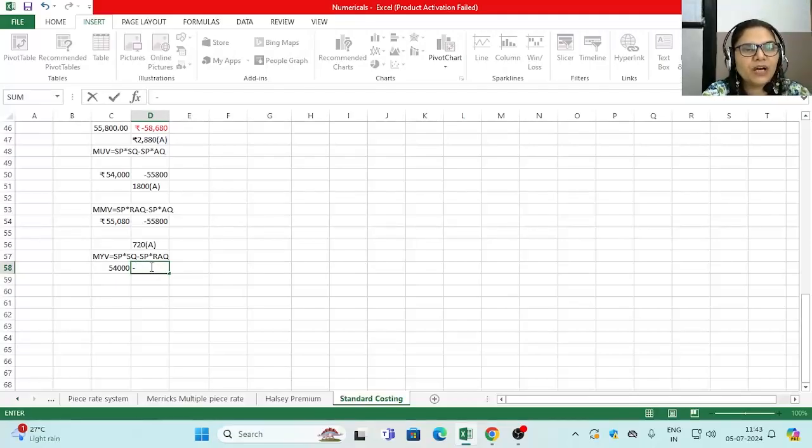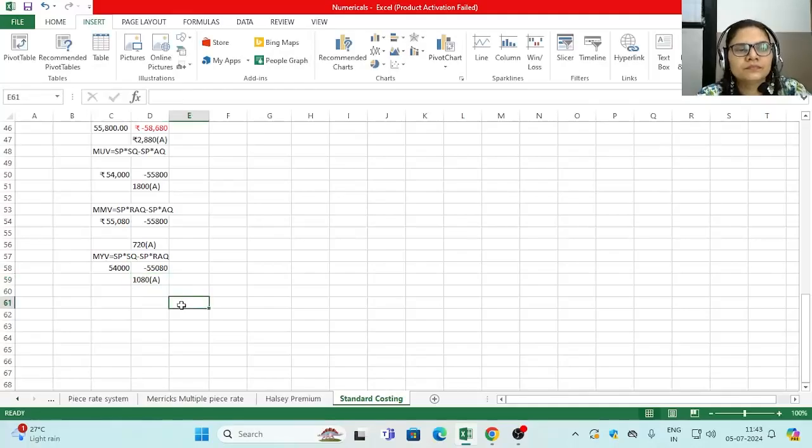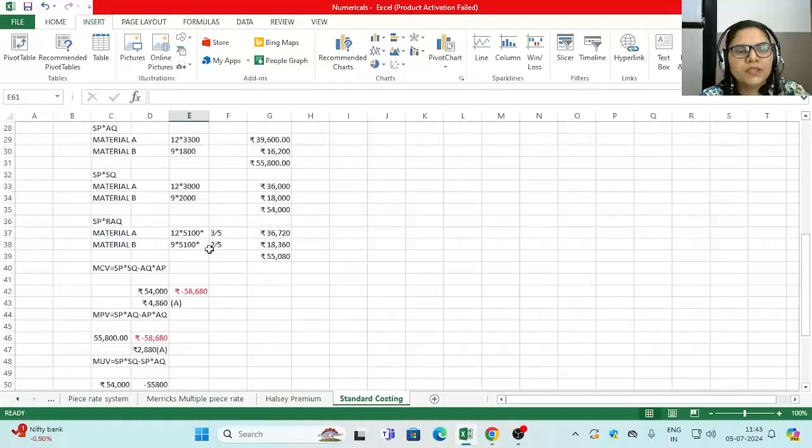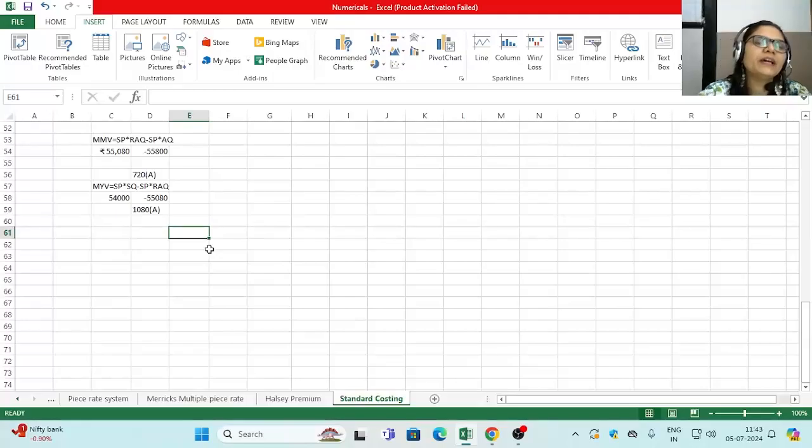That is SP into RAQ. It will be 1080 adverse. So material yield variance comes up to be 1080.